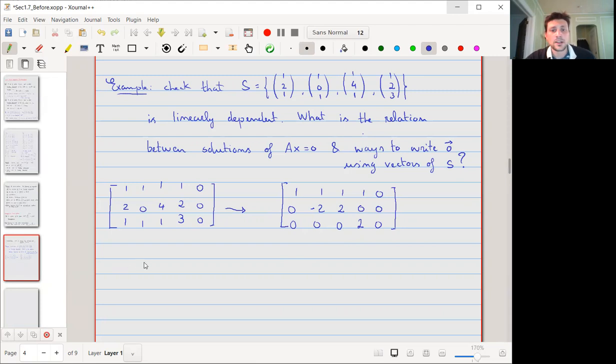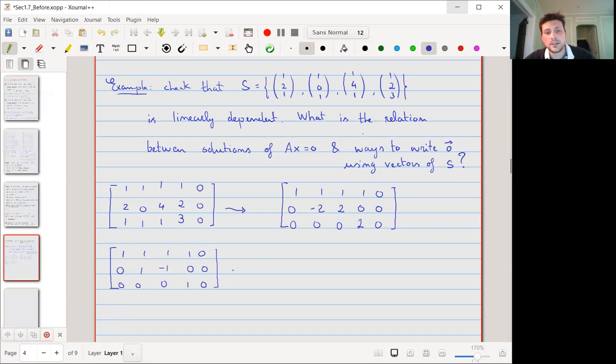Okay, let's clean this up. 1, 1, 1, 1, 0. The second row, I can multiply everything by -1/2, or divide everything by -2. And the last row, I'll divide everything by 2, so that I get a 1 in that entry.